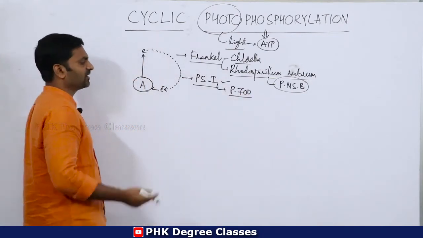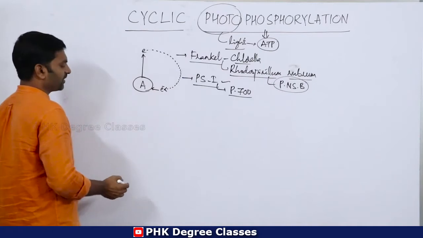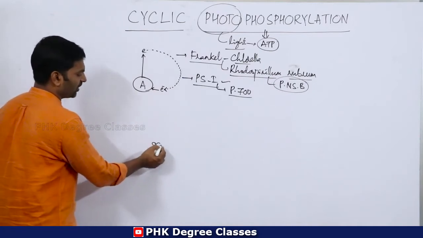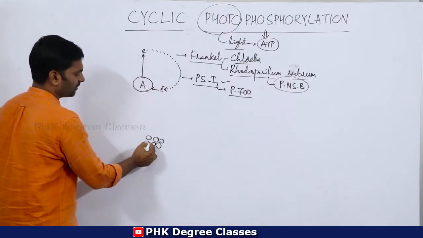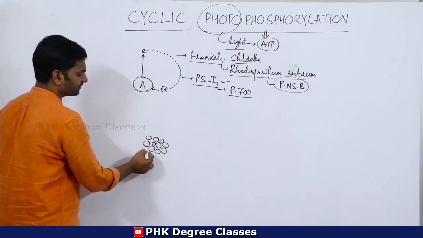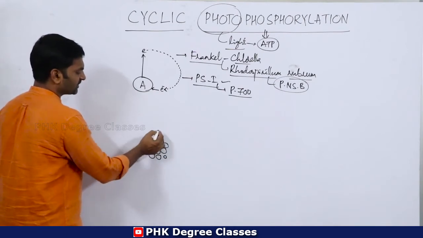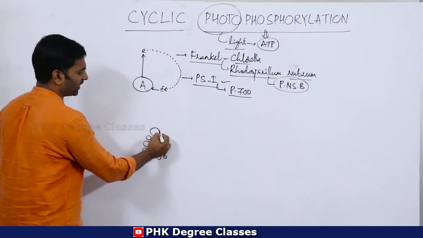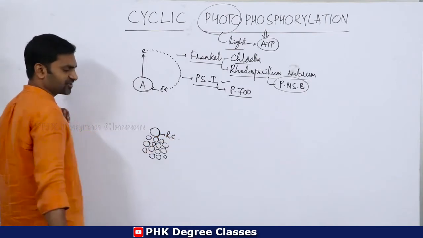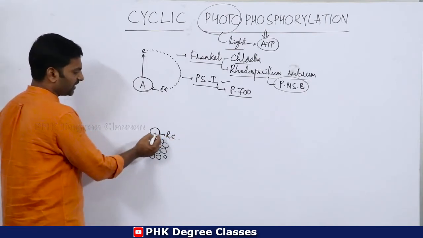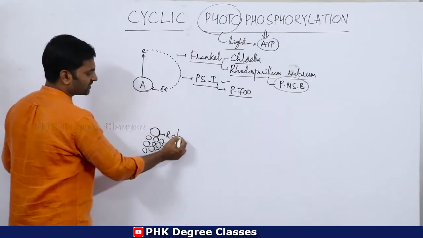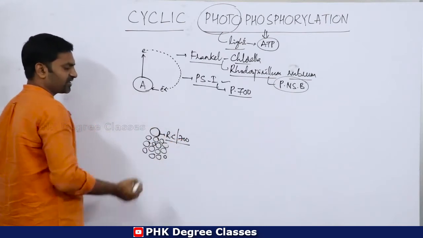If you see the diagrammatic representation, these are all the chlorophyll molecules. This is chlorophyll a, that is the reaction center, P700.